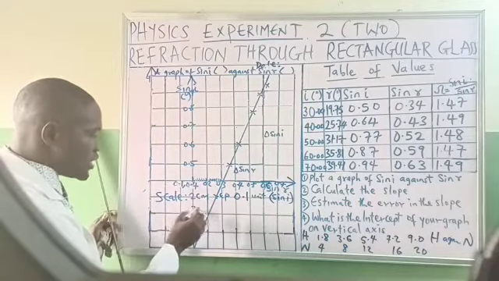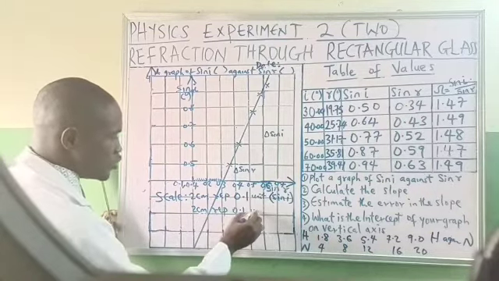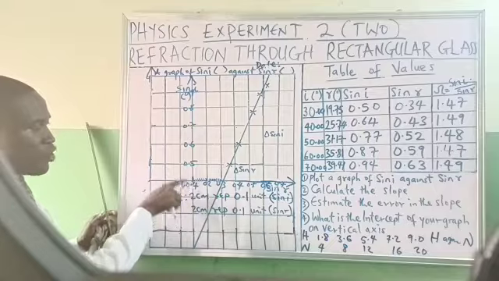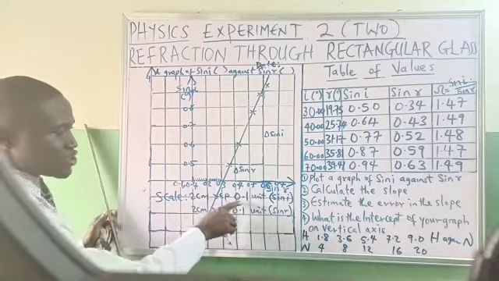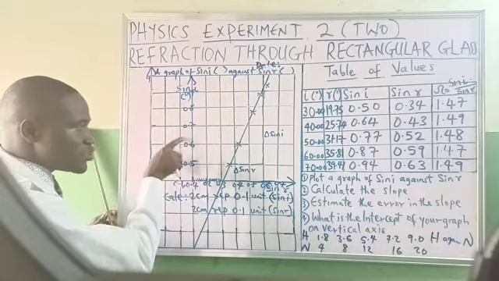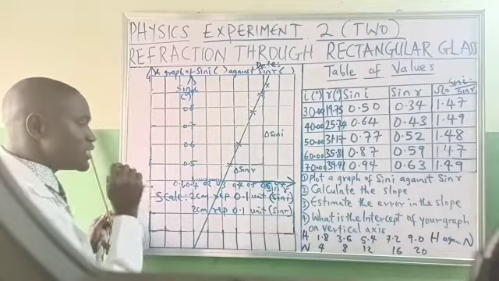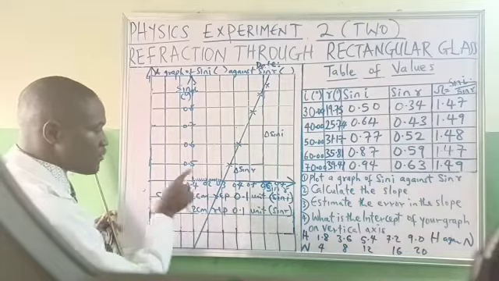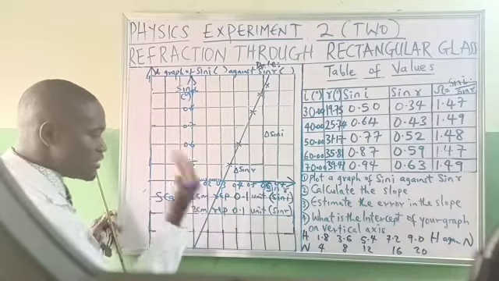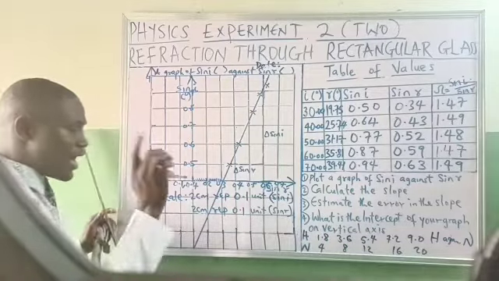Then you also say 2 cm represents 0.1 unit in sin R. So it is not 0.4, which you started with, that you put to represent 0.4 unit. You are representing it with the difference between each. 0.7 minus 0.6 is 0.1, right? 0.5 minus 0.4 is 0.1. That is the difference, the interval. That is what the 2 cm is representing. 2 cm represents 0.1 unit. That is also the interval for the horizontal axis.